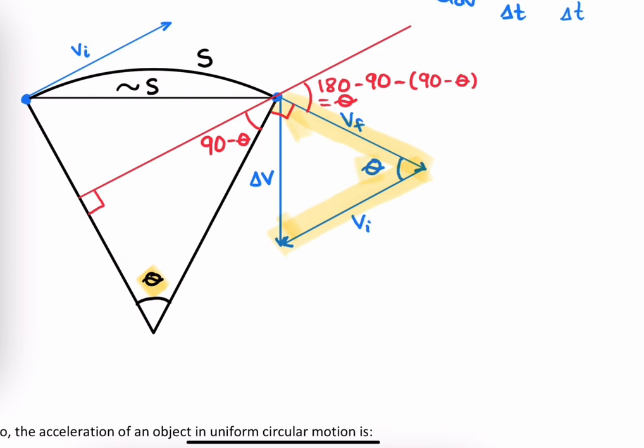And then since this theta is the same as this theta, that actually tells me that the blue triangle and the black triangle, the pizza triangle, have the exact same angles. They both have theta here. And then they'll have the same angles here, here, here, and here. All four of those will be the exact same number.